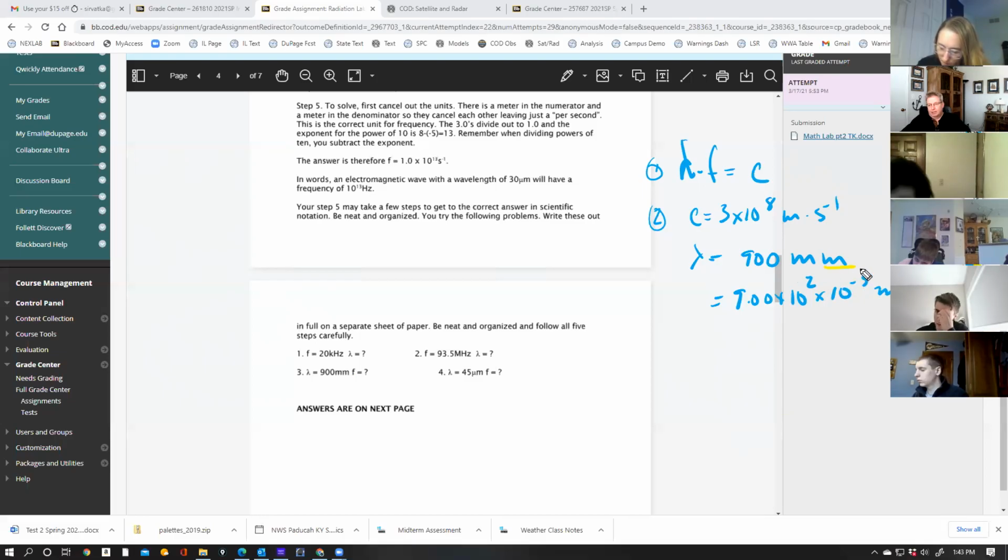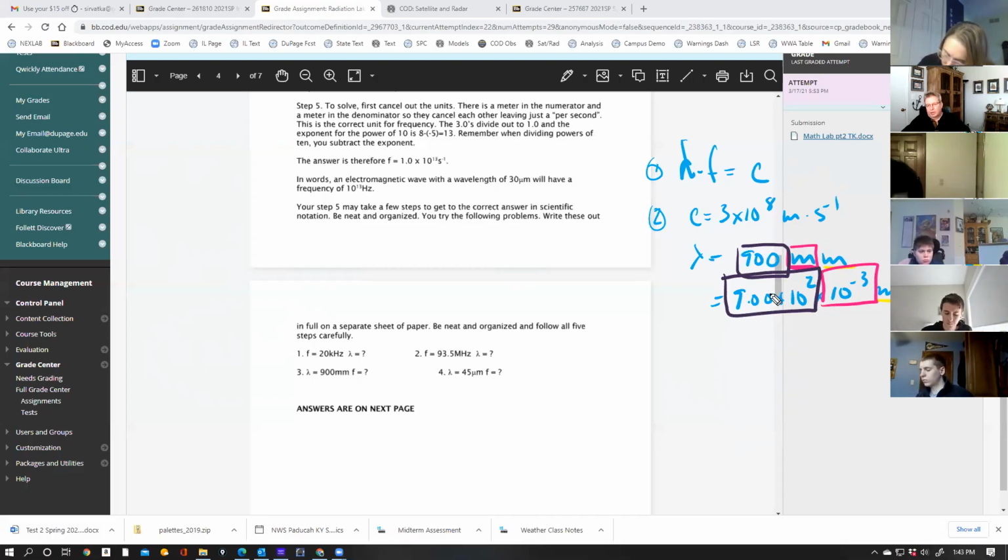So keep in mind, meters is a meter. Milli is times 10 to the minus 3, and 900 is 9.00 times 10 squared.